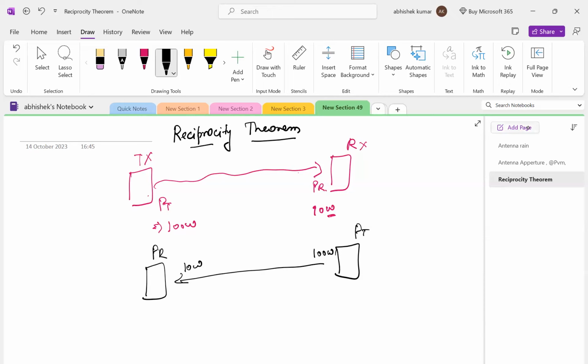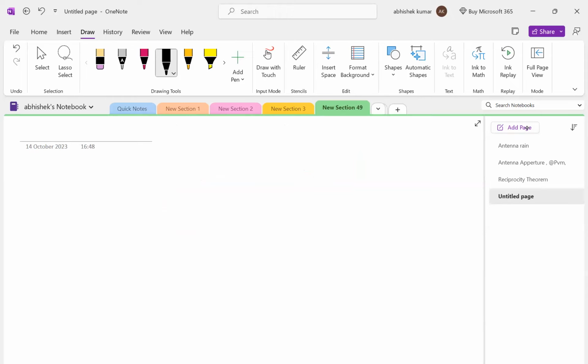Do you have any doubt in the antenna parameters? We studied power density, antenna radiation, and all those things. Do you have any doubt in all those things? No. Till this we have studied all those parameters. Very good.